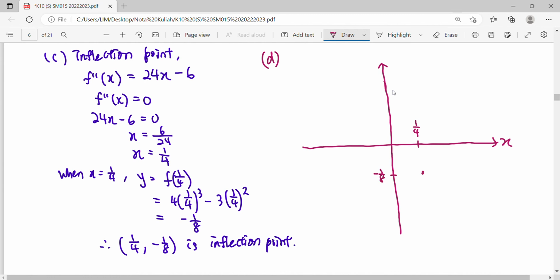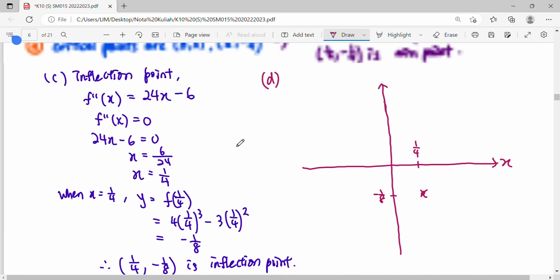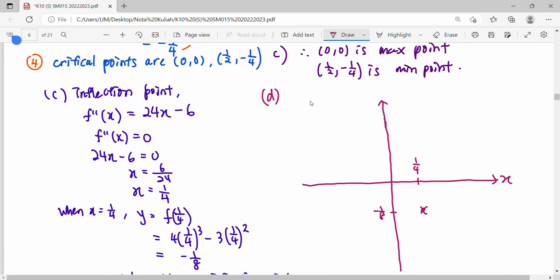We have an inflection point here. Just now, 0, 0 is the maximum point. And then 1/2, after 1/4, and then negative 1/4. So negative 1/4 goes down further, here.